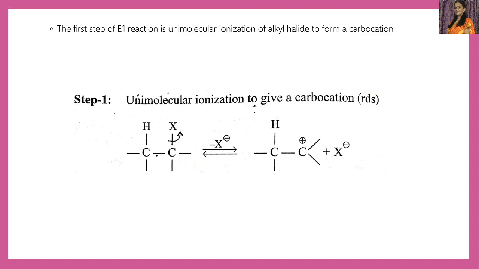X goes along with the C-X bond pair of electrons, and then this carbon becomes positive. You can see here, a carbocation is produced and X minus is eliminated. In this, only one molecule is participating, and because of that reason it is called a unimolecular elimination reaction.